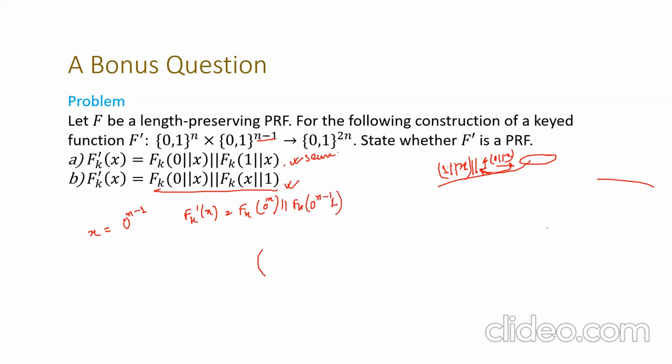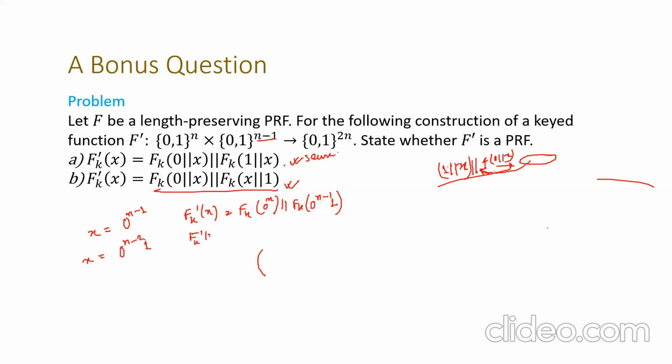So the first n minus 1 bits are 0 and then 1 at the last. And then you do another query to the PRF function oracle with the string 0 to the power n minus 2 and 1.